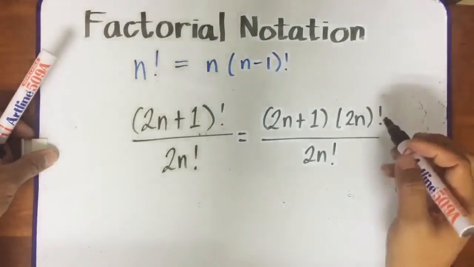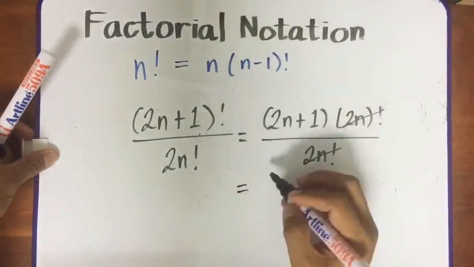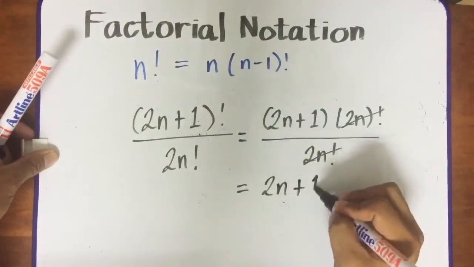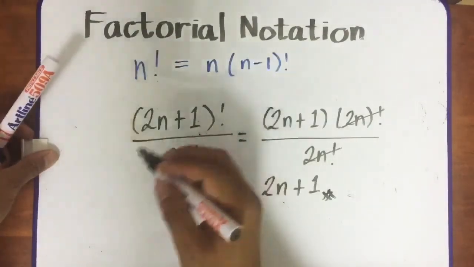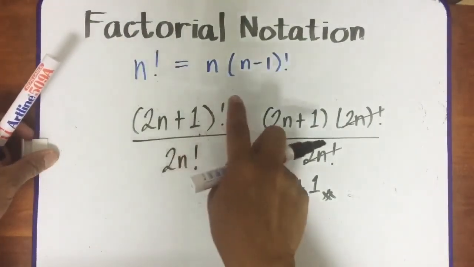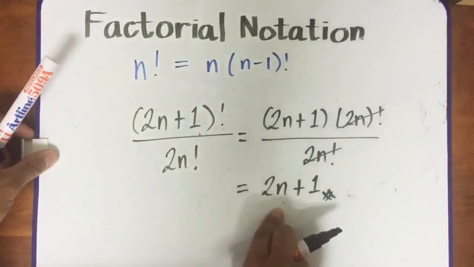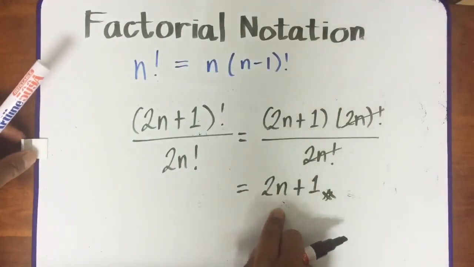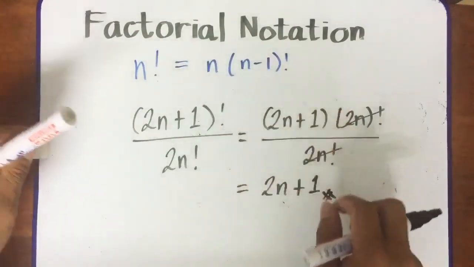You can remove them, and you will be left with 2n plus 1. Thus the expression equivalent to 2n plus 1 factorial divided by 2n factorial is 2n plus 1. I hope you have learned a lot about factorial notation in watching this video.